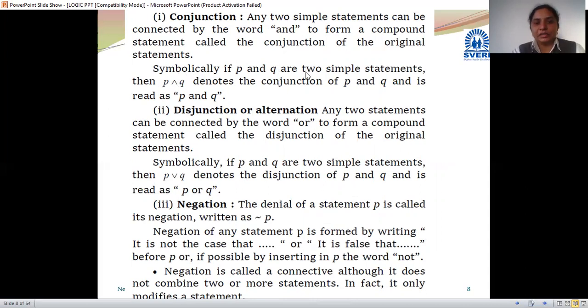If P and Q are two simple statements, then this notation is read as P and Q. Disjunction or alternation is this notation, that is P or Q. Negation: if we have a statement P and we deny the statement P, then we use negation P. Negation is also called a connective, although it does not combine two or more statements.